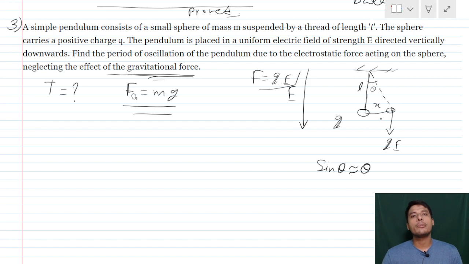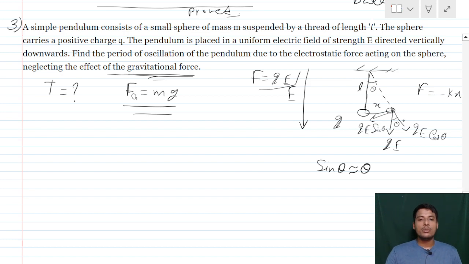Here also, if you remember Hooke's law, F equal to minus kx, where k is the spring constant. Let me draw this line. Then this angle is theta and also this angle will be theta. According to the vector components, along the thread it will be QE cos theta, and in the perpendicular direction it is QE sin theta.